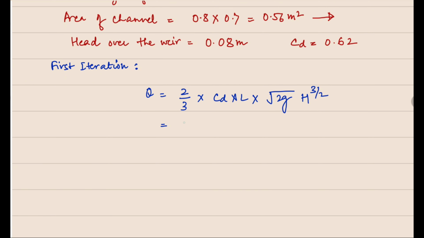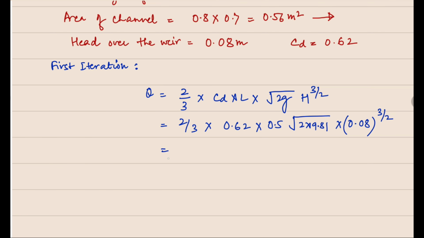So if we put in all the values, CD 0.62, L is 0.5, under root 2 multiplied by 9.81, and h is 0.08 raised to the power 3 by 2, this value comes out to be 0.0207 meter cube per second. That is our Q value. So this is our first iteration.